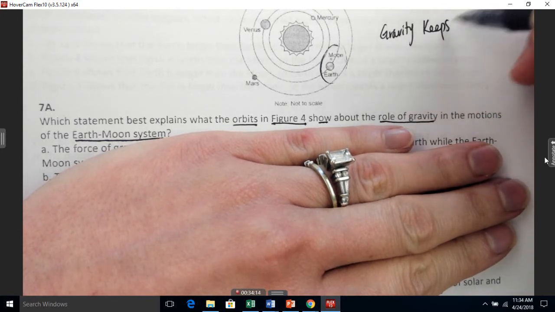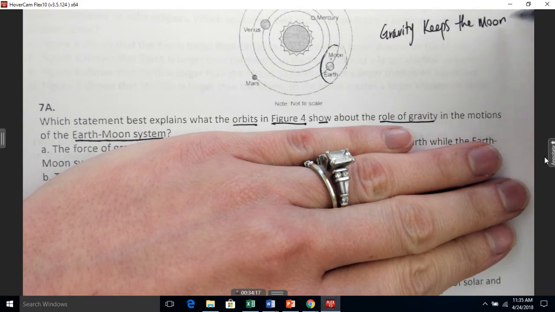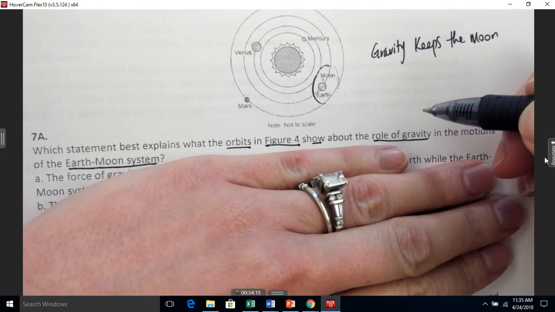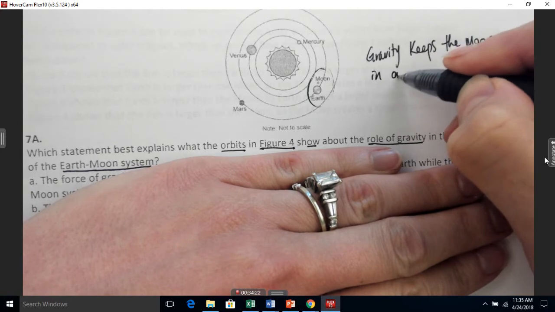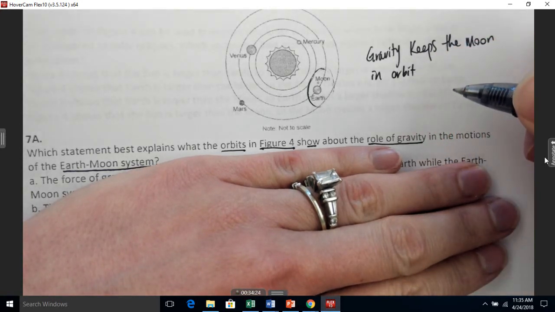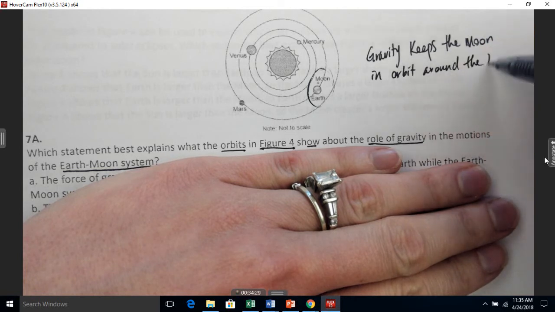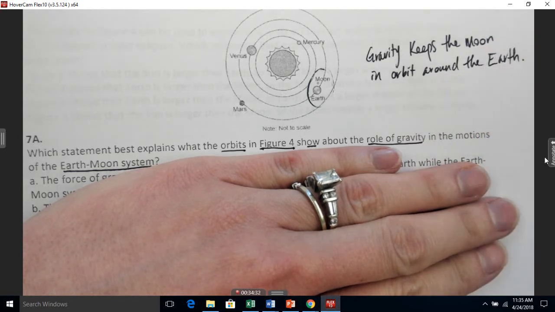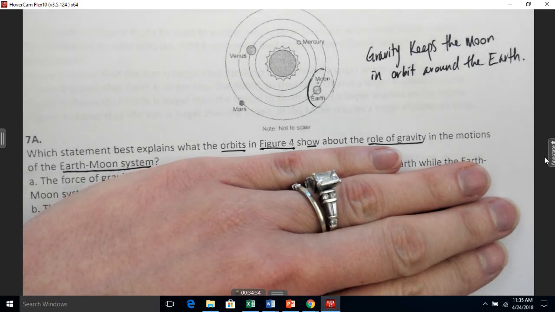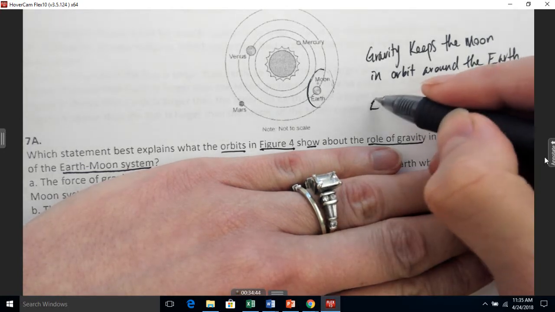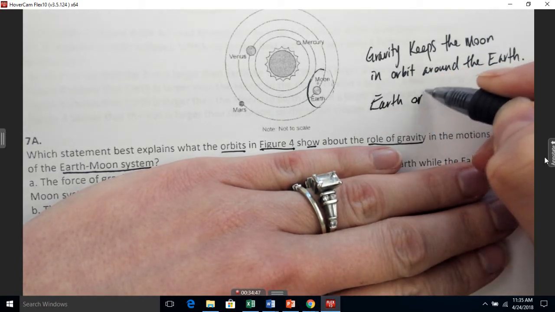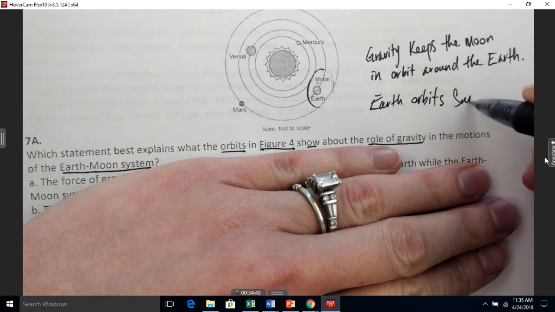Gravity keeps the moon, you better be writing this down, in orbit around the Earth. And then what does the Earth do? Earth orbits the sun.